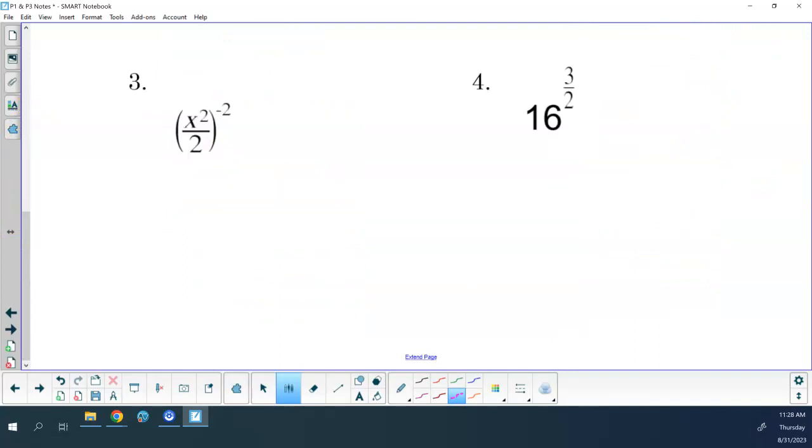Some more exponent type things. Okay. If you've got a fraction that the whole thing is taken to the negative exponent, you can reciprocate the whole fraction. And that would make the exponent be positive.